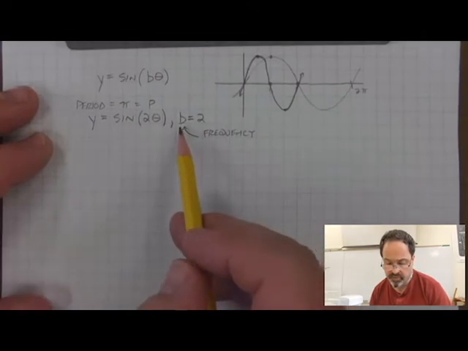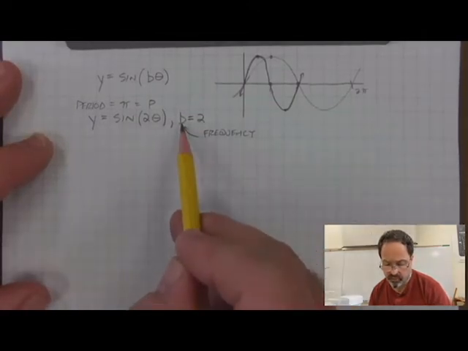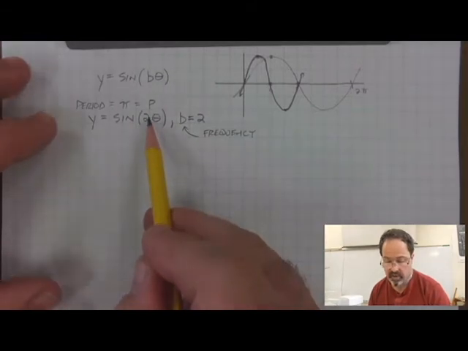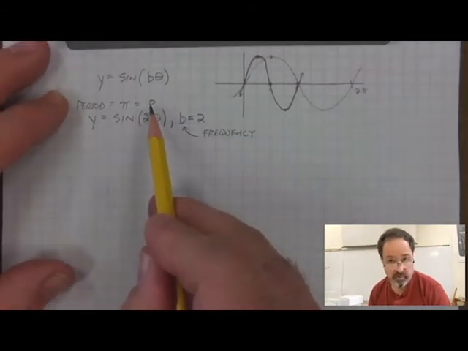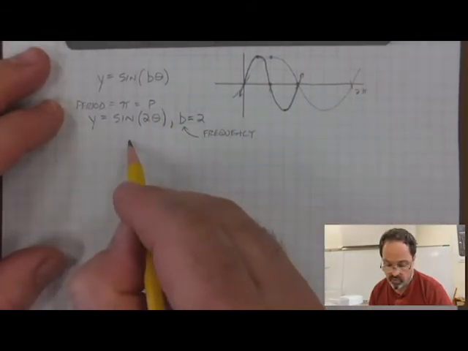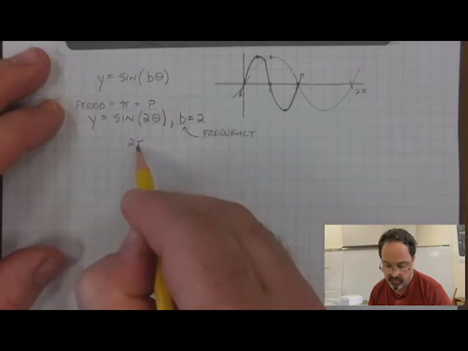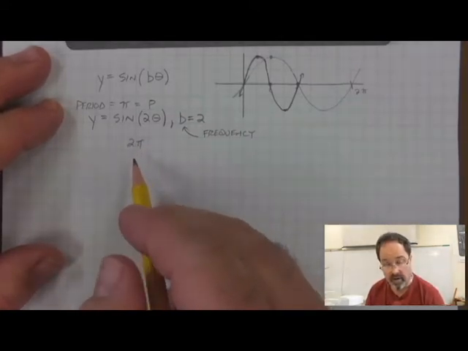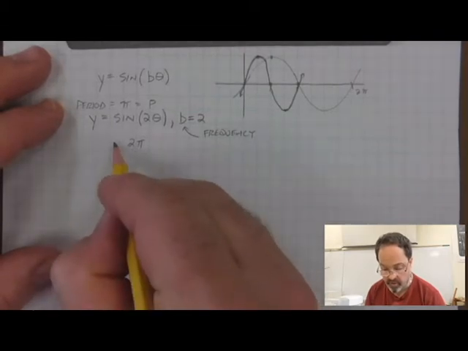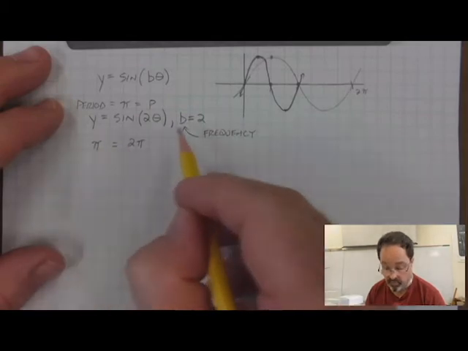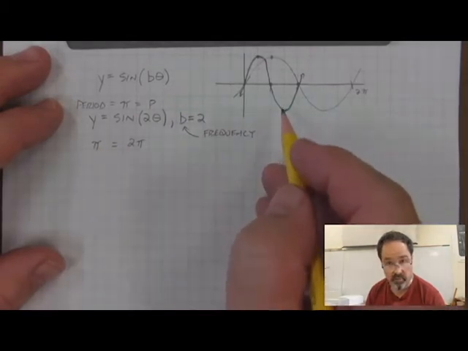What is the relationship between the frequency, or b value, that's used in the equation and the very important conceptual understanding of the period? Well, analyzing this situation, we had a period of 2 pi, the period of parent sine. And how did we modify 2 pi to get the new period of pi, the period of the transformed function?